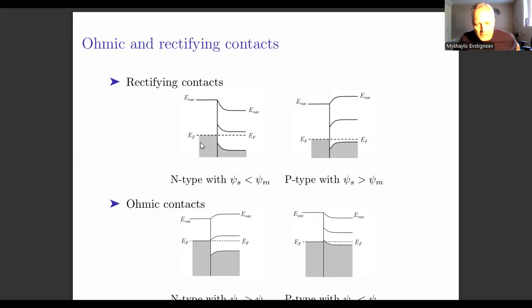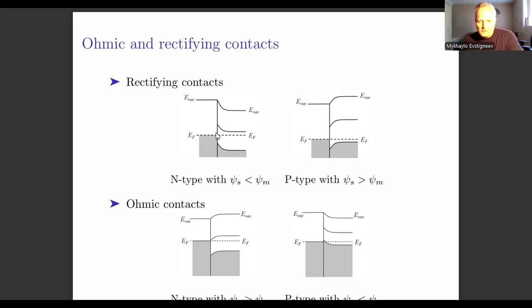No matter how big my negative bias applied to the metal is, this energy barrier, the so-called Schottky barrier, will not change, or practically will not change. But since this Schottky barrier is so high anyway, maybe 1 electron volt or so, the current from the metal into the semiconductor will remain very small.